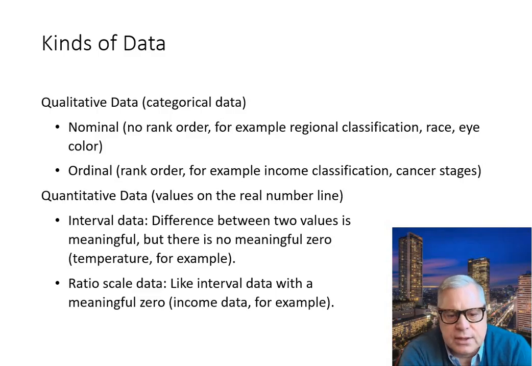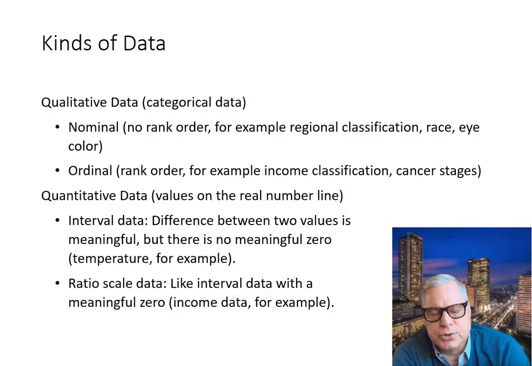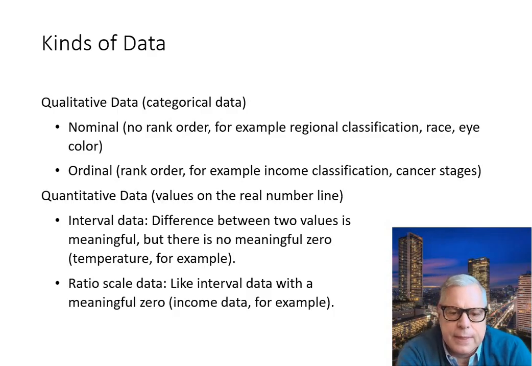That has a rank order. Or in academia, a professor may be either assistant, associate, or full. Those are ordinal data points that imply a rank order. So in short, qualitative data has two subtypes, nominal and ordinal. The main difference is that nominal does not have a rank order, while ordinal does have a rank order.